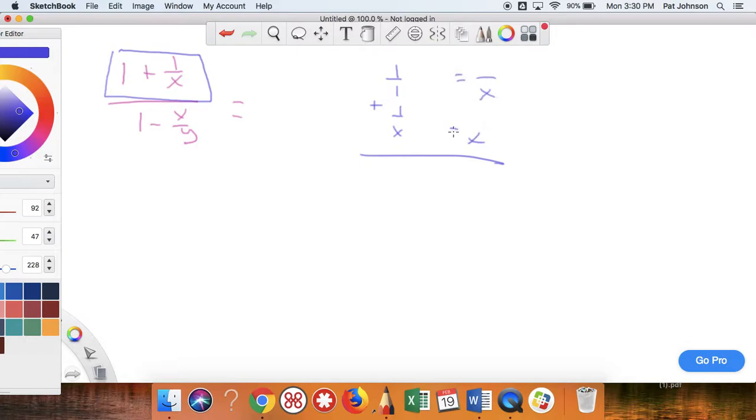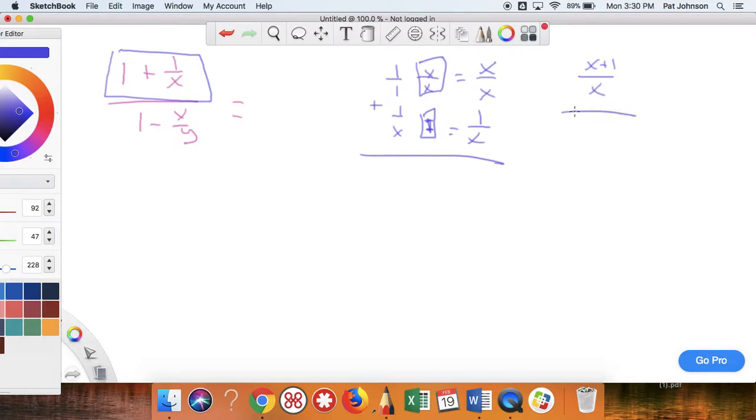So this is just times 1, right? So this doesn't change. Here I'm multiplying by x over x. So I get x over x, yes? And now I simply have x plus 1 over x.